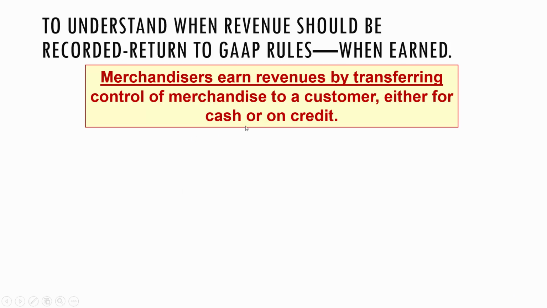Merchandisers earn revenue by transferring control of merchandise to a customer, either for cash or on credit. So we're going to talk for a moment here about revenue recognition for merchandising. It's not as easy to think about it. When you think about a service company and you say, when earned, well, that's when they do the job.